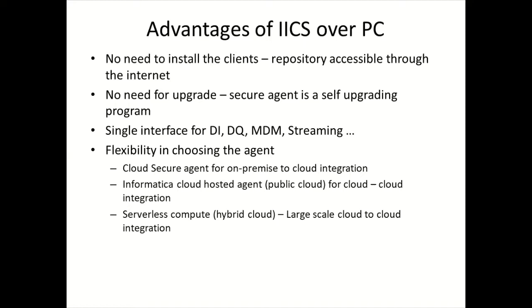Today, assume that you have 100,000 records to process, and tomorrow it goes to 100 million records. Then automatically I will be able to use auto scaling. If you have enabled auto scaling in your Amazon or Azure, then clusters will automatically be added to the particular mapping so that you will be able to process that huge amount of records. So scale in and scale out is easy when you're using serverless compute.